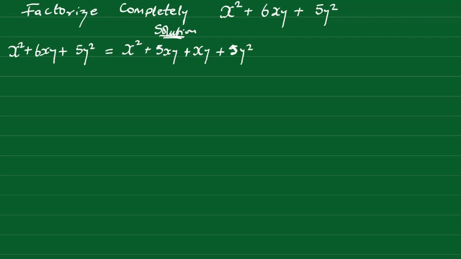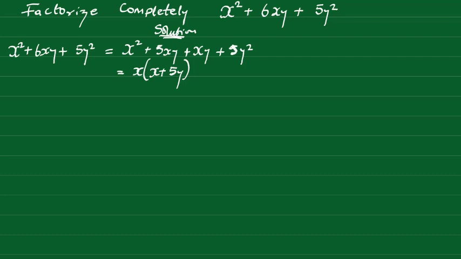Now, solving further, we factor out x from x squared and plus 5xy. Then we have x bracket open, x plus 5y bracket close.